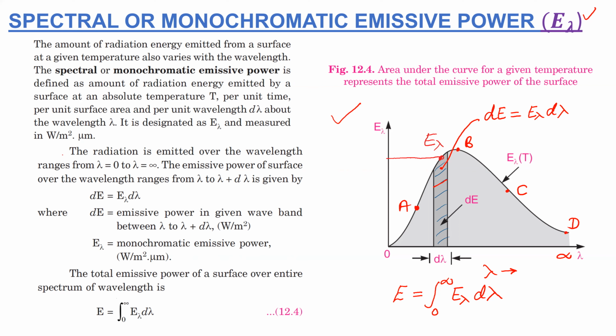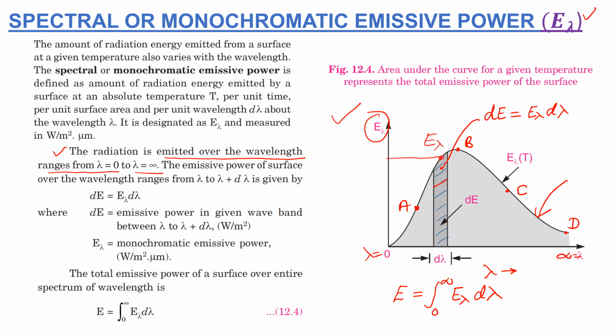You can see the radiation is emitted over the entire wavelength range, from lambda equal to 0 to lambda equal to infinity. This curve shows the emission over the whole wavelength range.